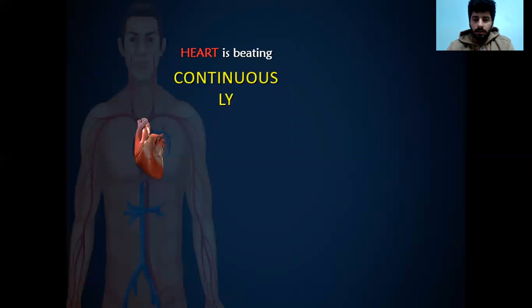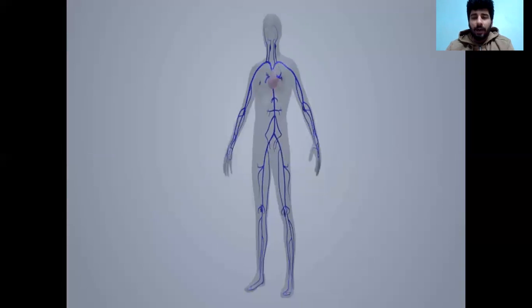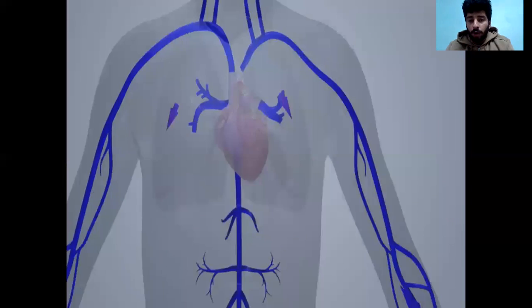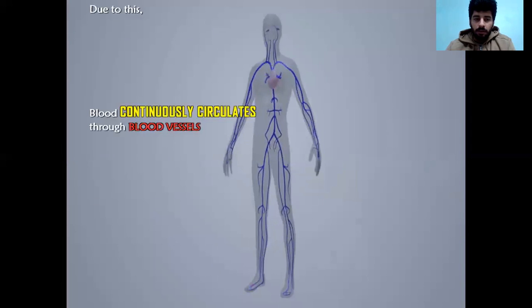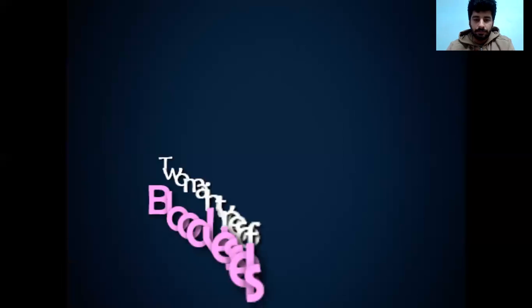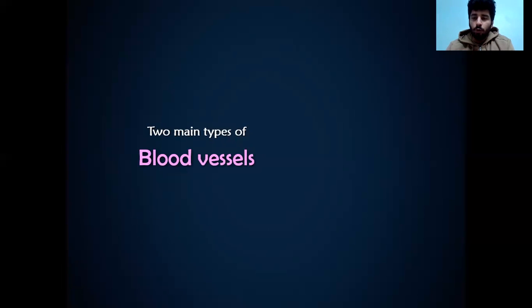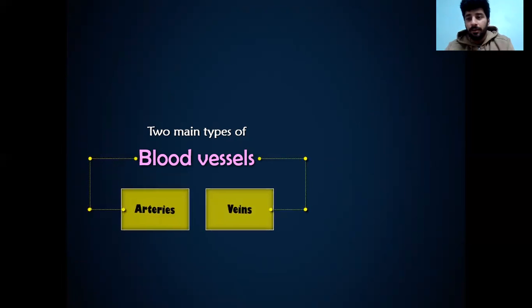So the heart, when it beats, obviously continuously, is going to send out blood throughout your body and also get that back. So the blood circulation is continuously going to happen through these blood vessels. There are two main types of blood vessels, namely arteries and veins.